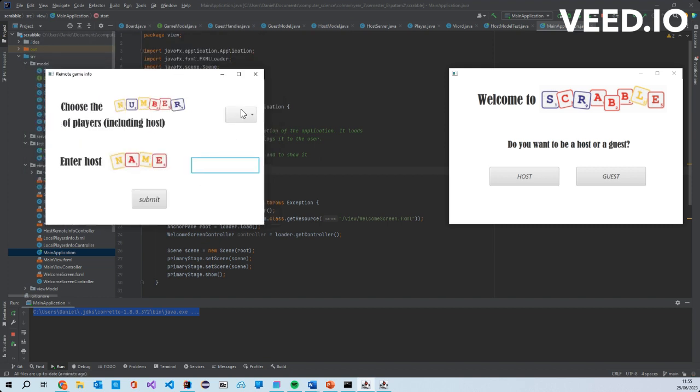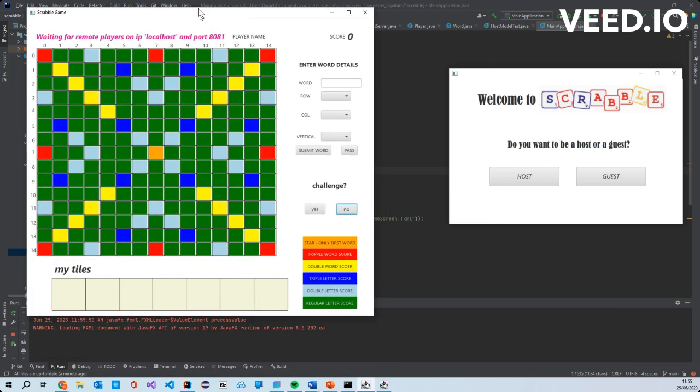The host chooses to host a remote game. The host sets the number of players and its own name. On the top of the screen, you can find the information the guest needs in order to connect to the game.